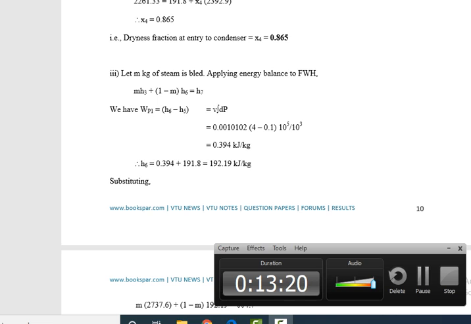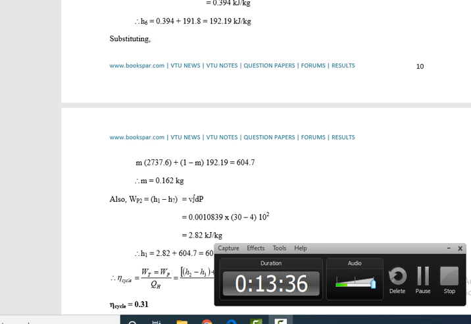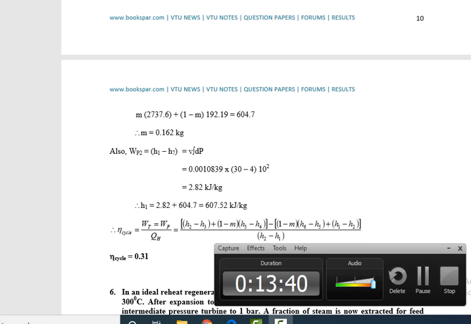And from this equation, you have to find H6: 0.394 plus 191.8 equals 192.18 kJ per kg. And we are getting the value of H6. Put the value of H6 and the other values, and you get the value of m, the mass of steam bled. Therefore, the mass of steam bled equals 0.162 kg.